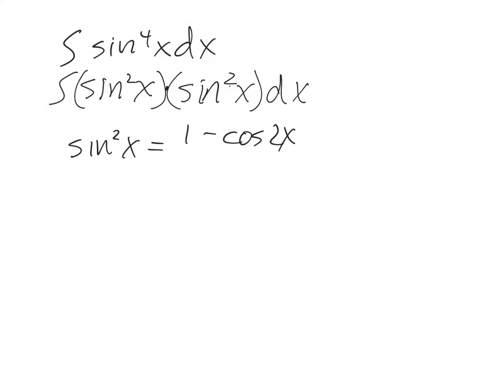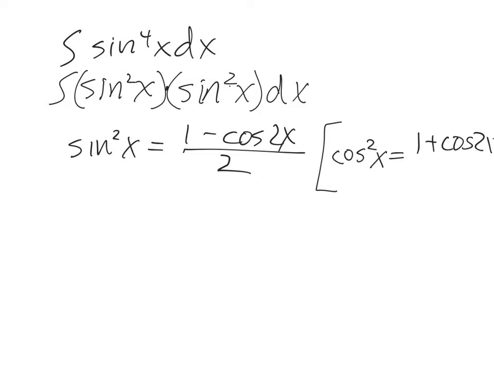Cosine of 2x all over 2. Now the other one that goes with this, cosine squared x, will be 1 plus cosine 2x over 2. So that's the difference in these. The only difference in these identities is the minus and the plus.